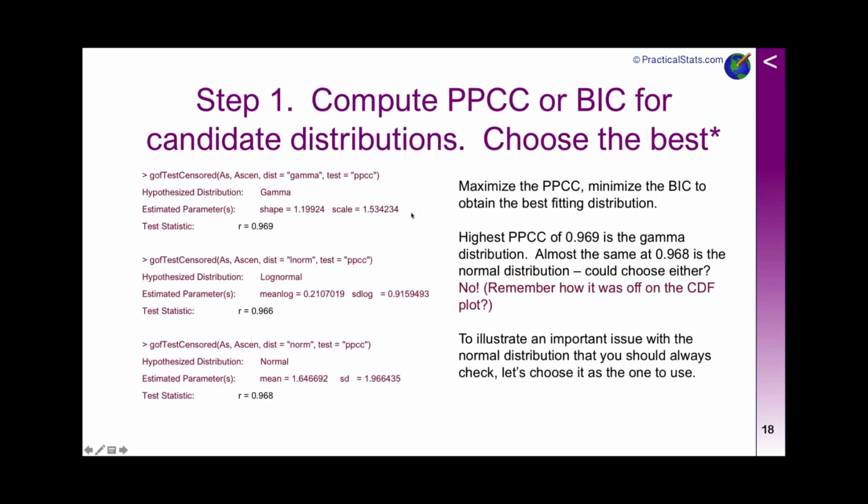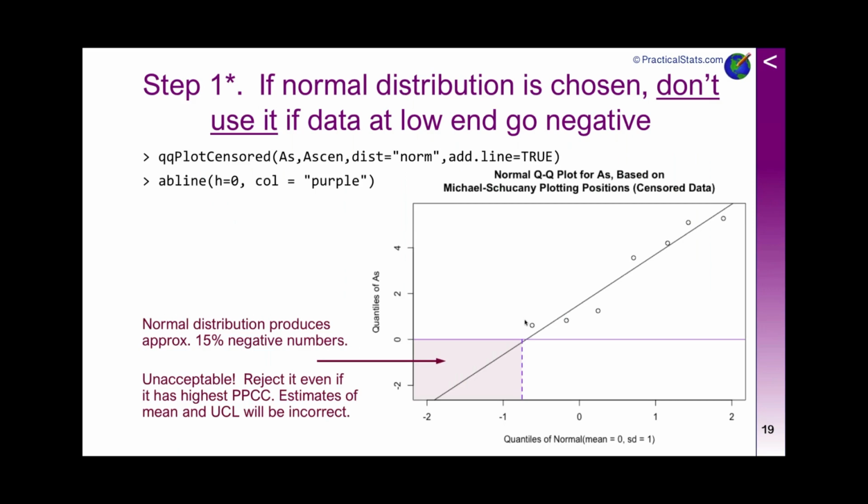So don't just use those numerical criteria, and that's particularly a problem with the PPCC criterion. I showed you the Anderson-Darling before. There's also a BIC. That's a measure of fit, another measure of error, and you want to make it small, and we'll see an example later on of that. So you can get all of those numeric criteria back out of the software as well.